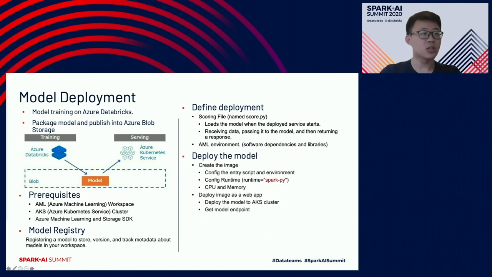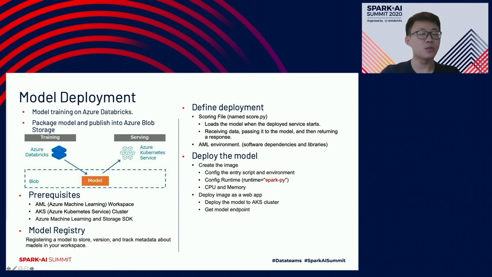In this stage, there are two important parts. One is to create the image: basically configure the entry script and environment, then configure the runtime, which here is Spark Py, to make sure the cluster or the image can run within the runtime of Spark. Plus, it also provides flexibility for even more configuration, like CPU, memory, or other settings.